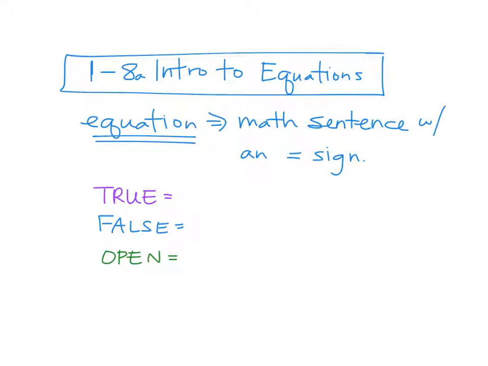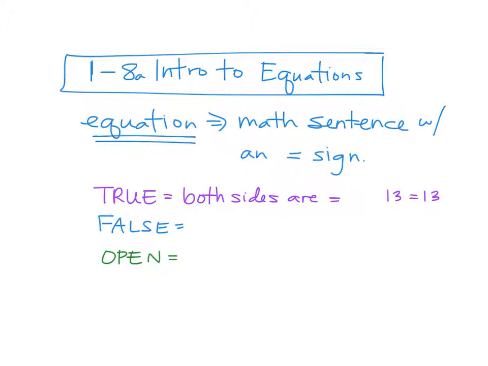A true equation is when both sides of your equation are equal. So in other words, if you get something and when you simplify it, it says 13 equals 13. When you simplify it, that is a true equation, okay?